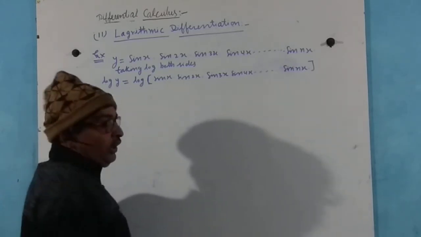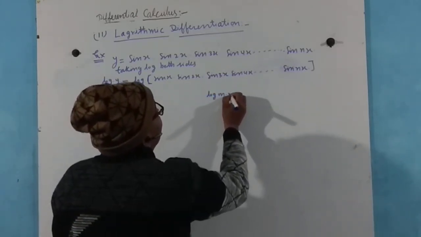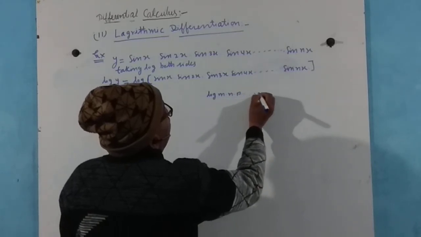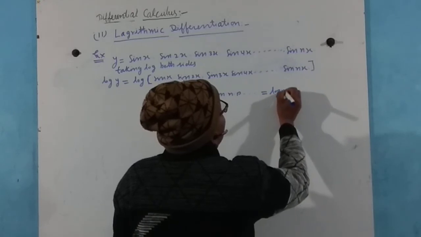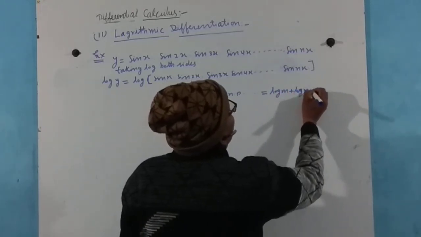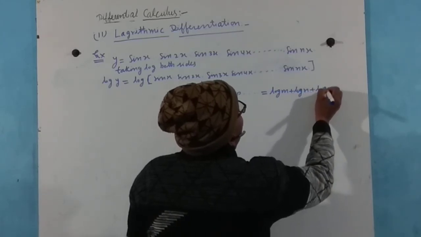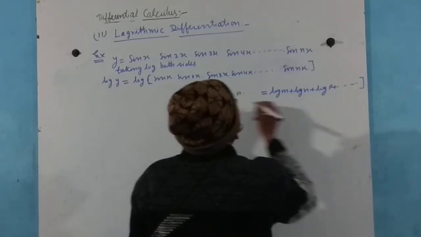As you know, log of m into n into p can be written as log m plus log n plus log p plus so on.